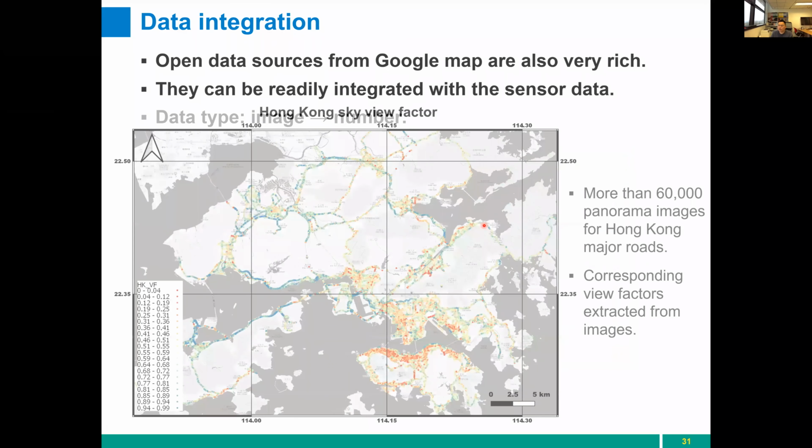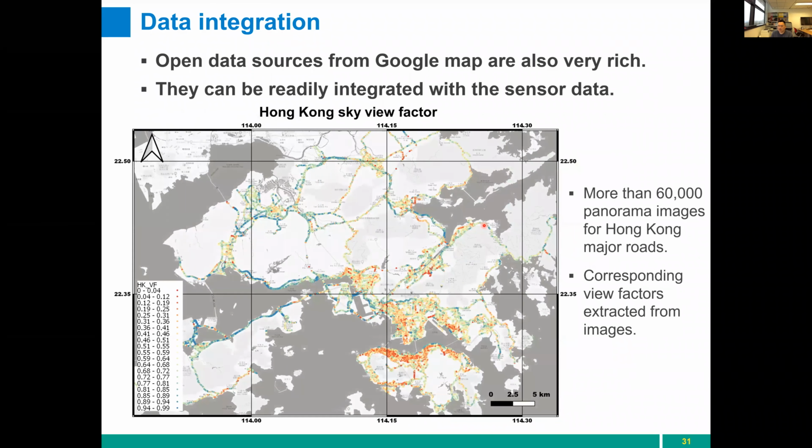And in the end, you can see from here, we can even map the pollutants. When you have the street view images, you extract the information and connect them with the air quality information.